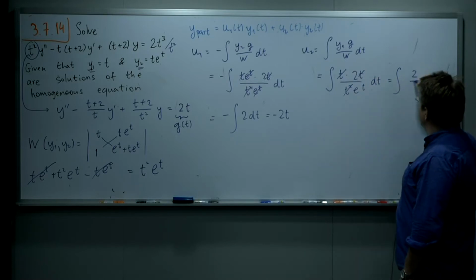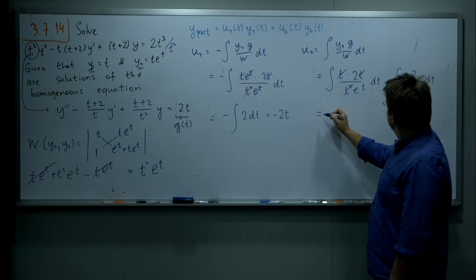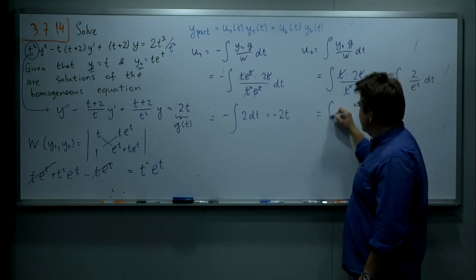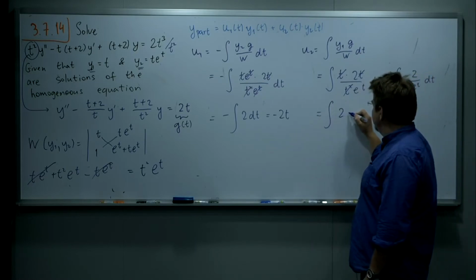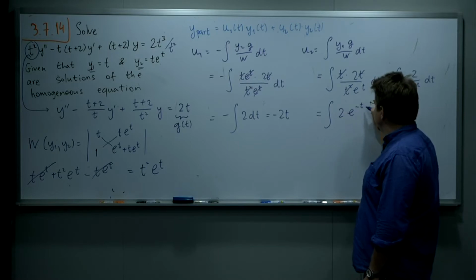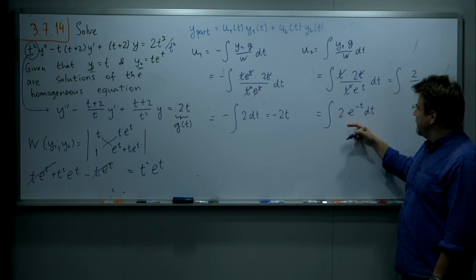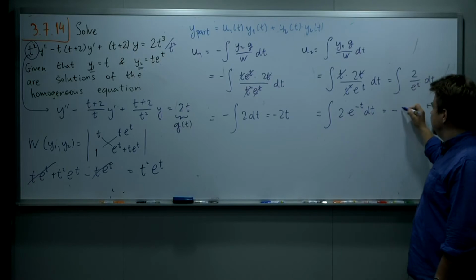So we have 2 over e to the t, dt. Then division by e to the t is the same as e to the minus t. So this is really nothing else but 2 times e to the minus t, dt. And now we can find the antiderivative. This is just minus 2 e to the minus t.